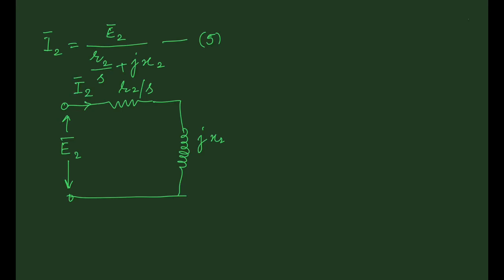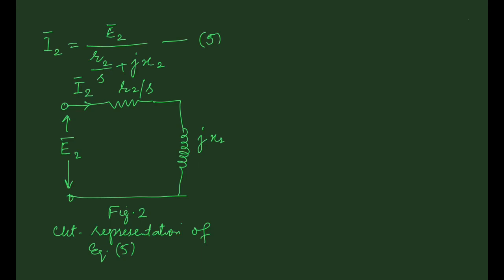The current in the circuit is still the same. Let's number this figure as figure 2, and this figure is the circuit representation of equation 5.